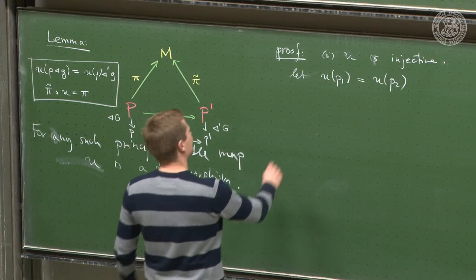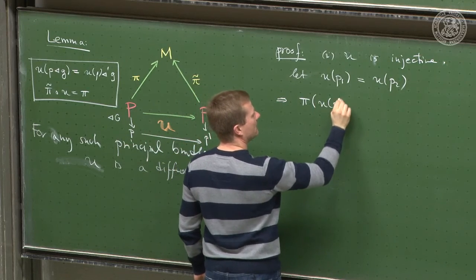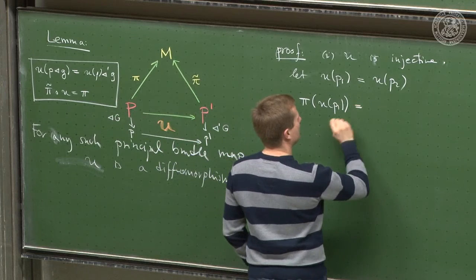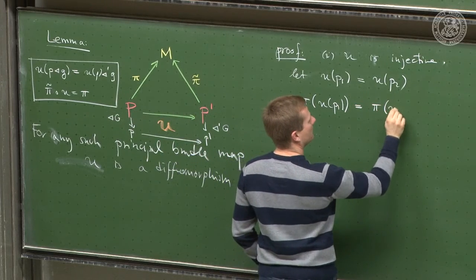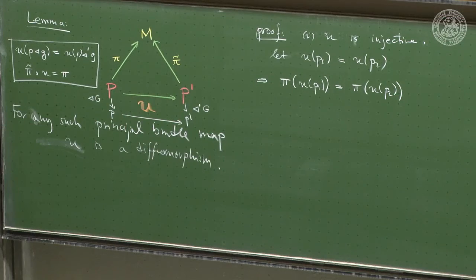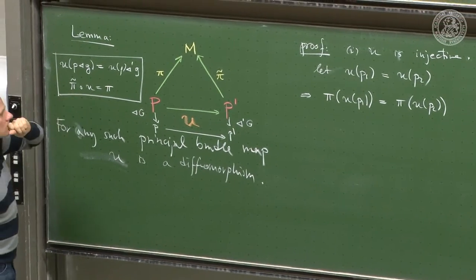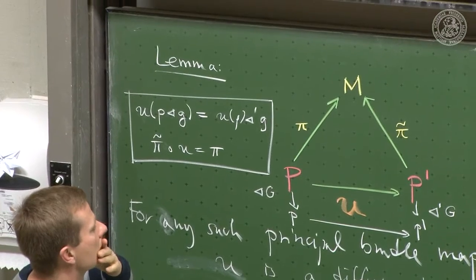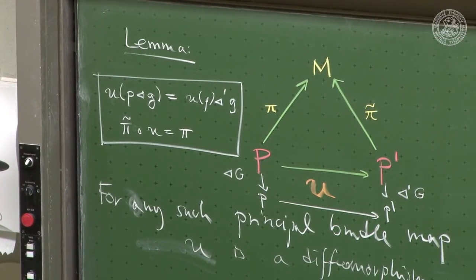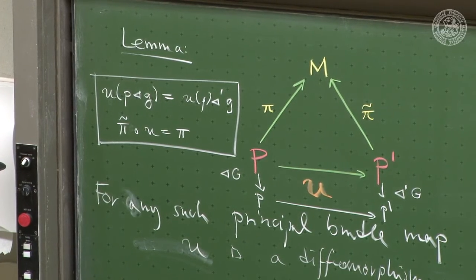So what we do, we look at the pi of the U of P1, and that therefore is the same as the pi of the U of P2. But we also know that, hang on a second, pi of the U. I need to take my notes. It's a little bit involved here.